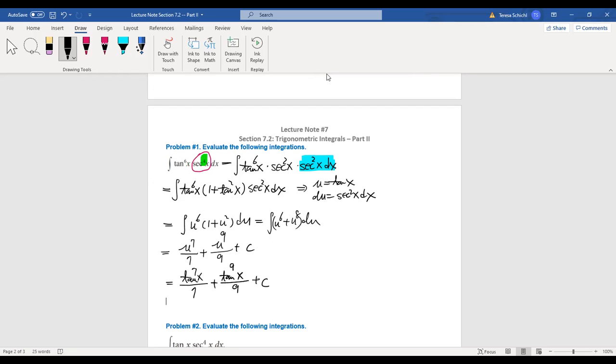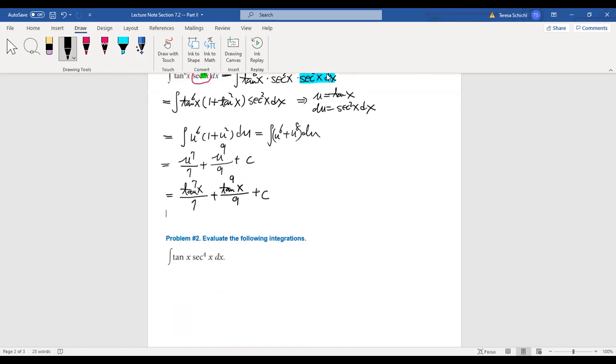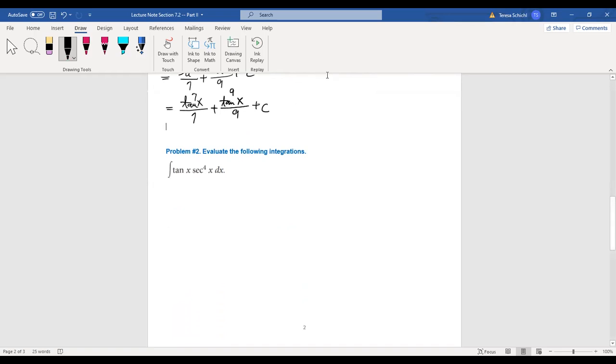Okay, so now let's take a look at another one. For this one, this is tangent x, secant to the 4th x. As soon as we see the secant square, we love that, as long as this one is an even power. That's great because I can always factor that out.